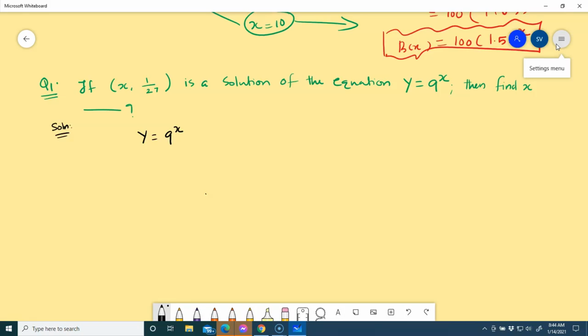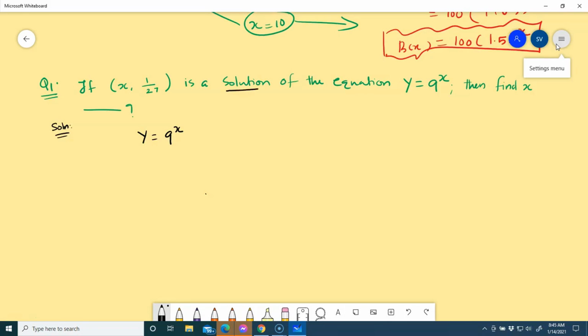Then we need to think like this. We need to find x. We have the equation and we have a point, a kind of coordinate. That coordinate represents the solution of this equation. That term, the solution, is very important.